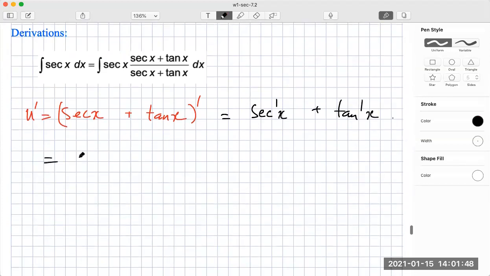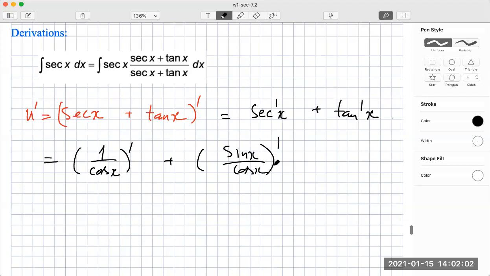We know that secant is 1 over cosine, right? And tan is, what is it? Very good. Thank you. Derivative. And from the table, remember, the derivative of u over v, what is it?